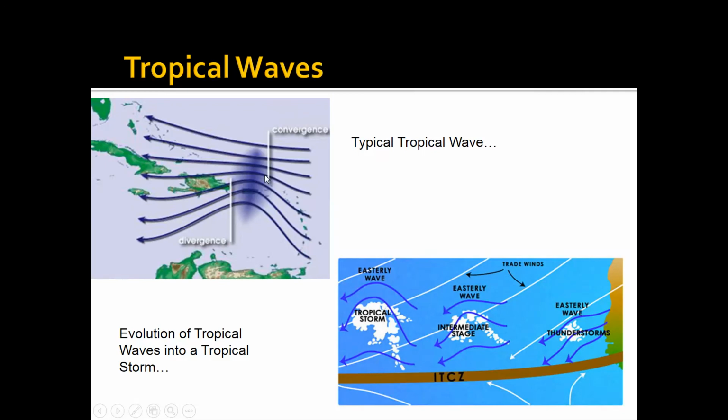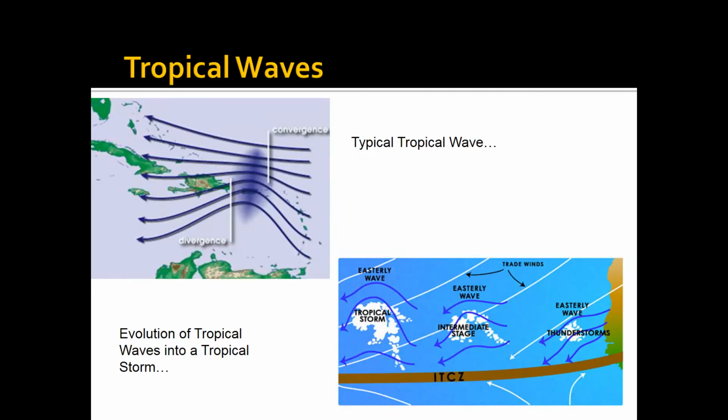Convergence promotes uplift. Uplift promotes thunderstorm activity. And so thunderstorms begin to develop here. And these thunderstorms are sitting over a region with lots of heat and lots of moisture, because now we're in the tropics. That allows these thunderstorms to continue to grow and continue to develop.